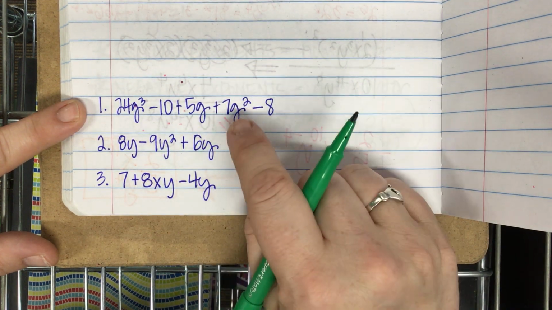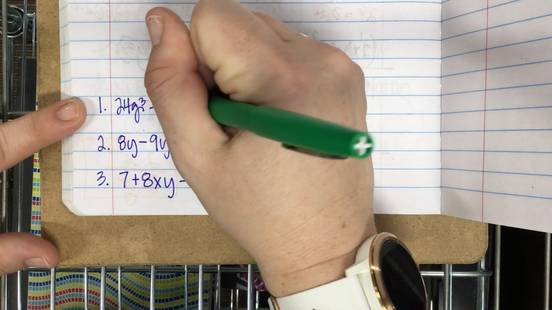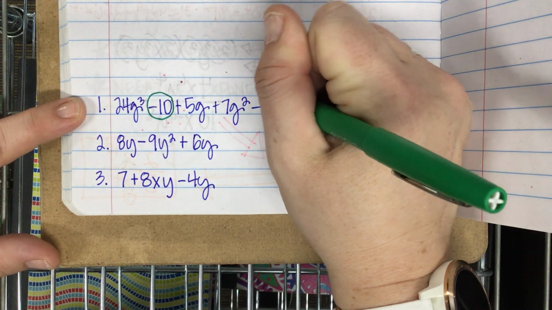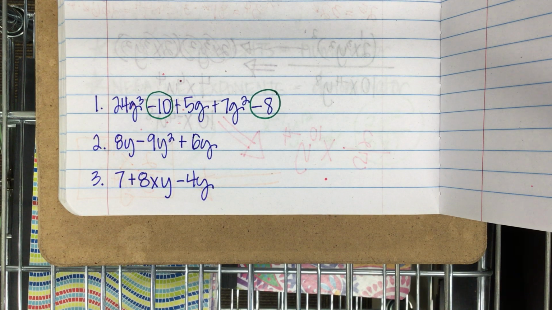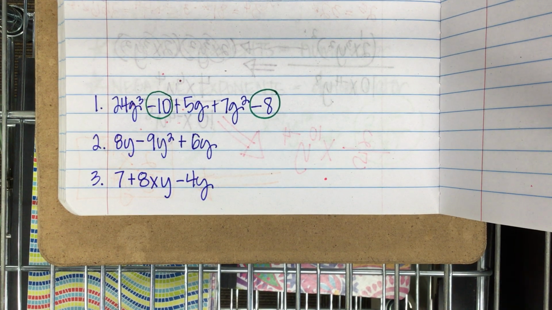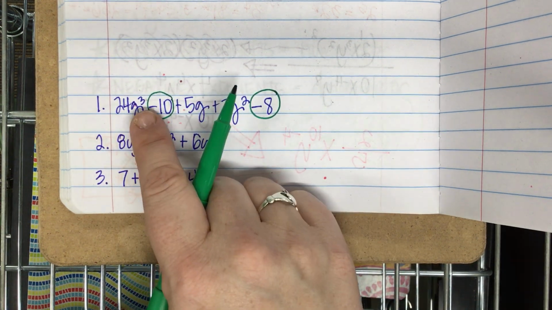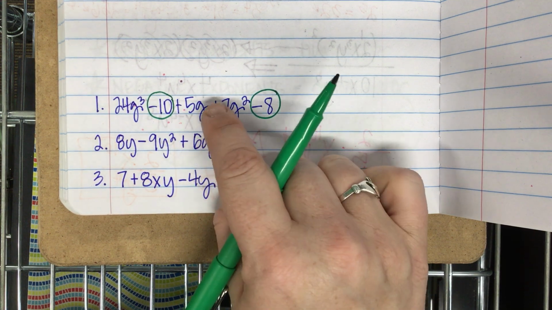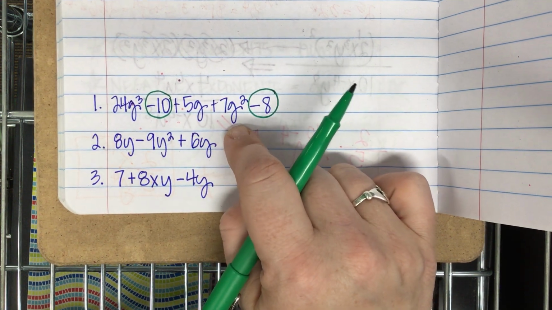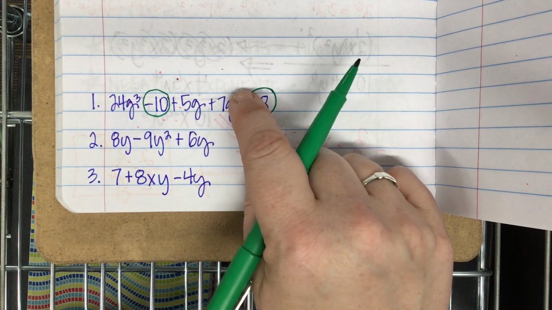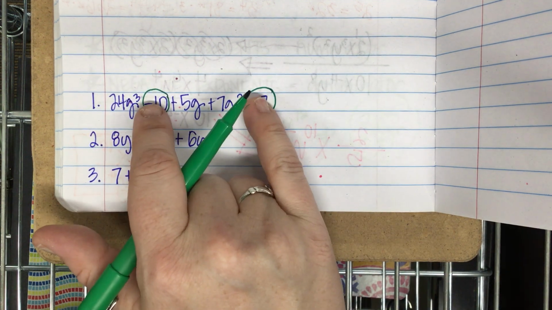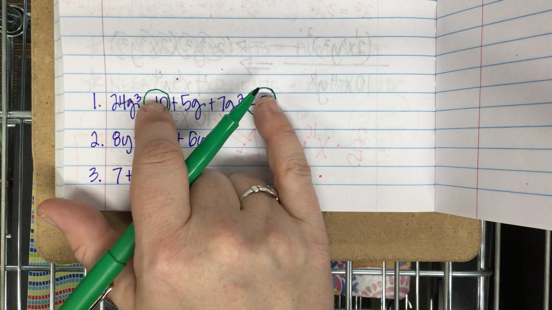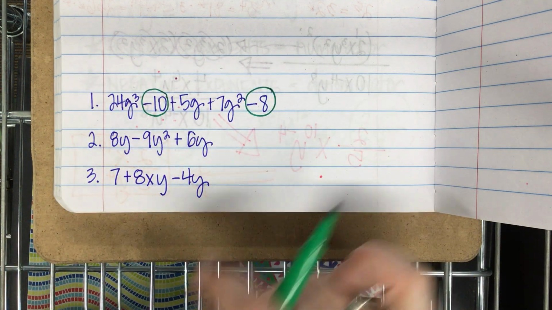Well, negative 10 can combine with negative 8, but everything else is its own term. If it was just 24g plus 5g plus 7g, they could all go together. But those exponents make them unlike terms. So I can put these two together, but everything else is its own piece.